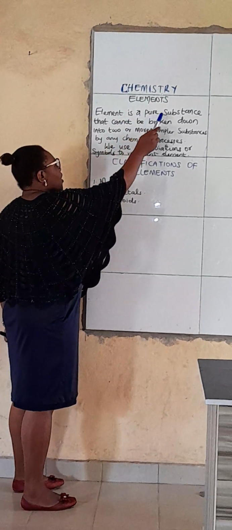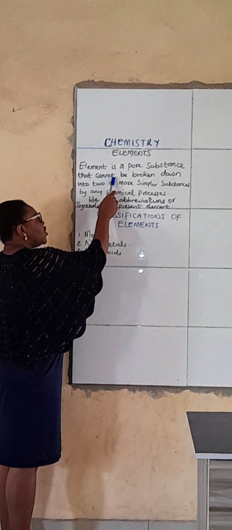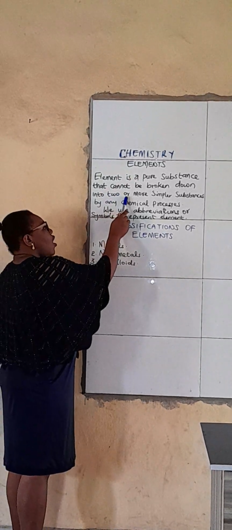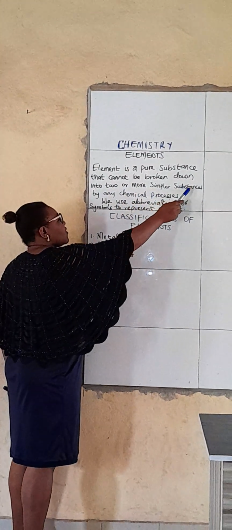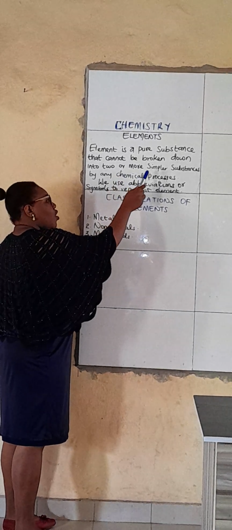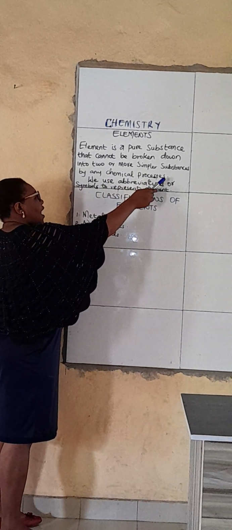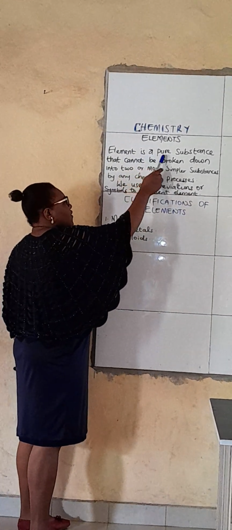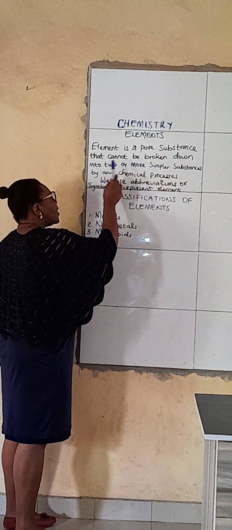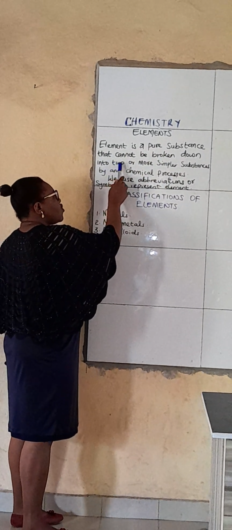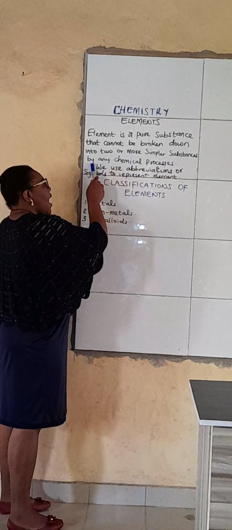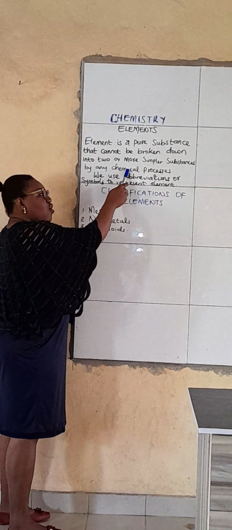An element is a pure substance that cannot be broken down into two or more simpler substances by any chemical processes.